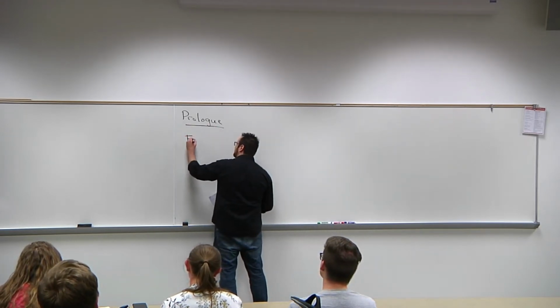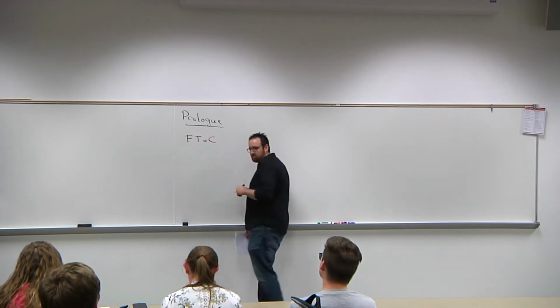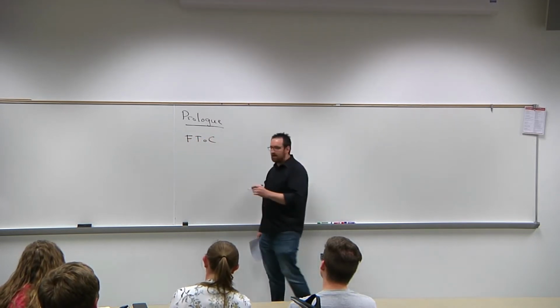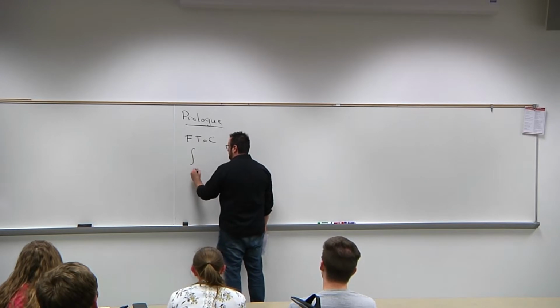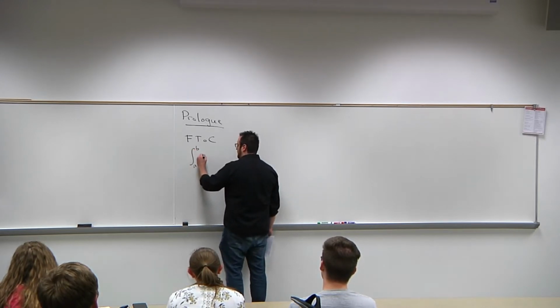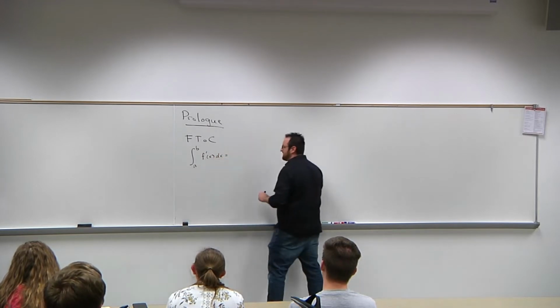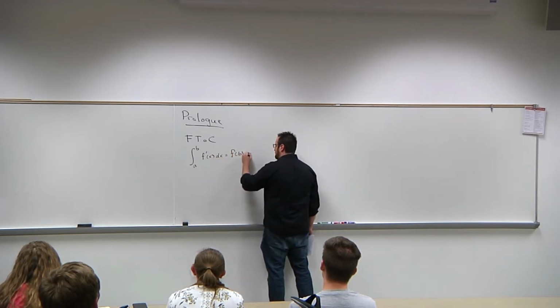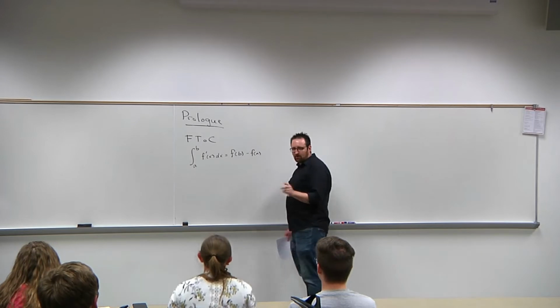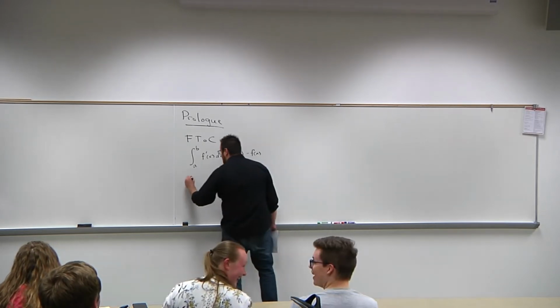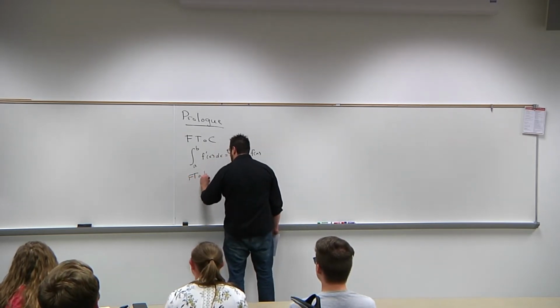So I want to look at the Fundamental Theorem of Calculus. What is that? Help me write it down. The integral of f prime of x dx equals what? F of b minus f of a. Good. That was Calc 1, so that's good. There's also the Fundamental Theorem of line integrals.